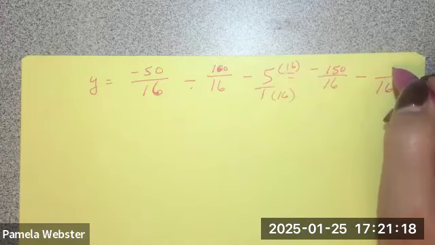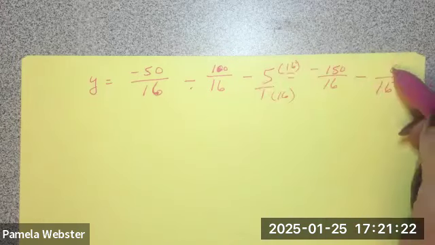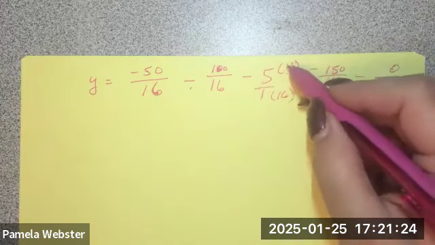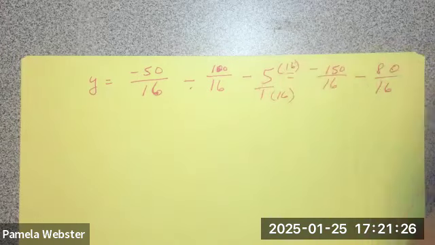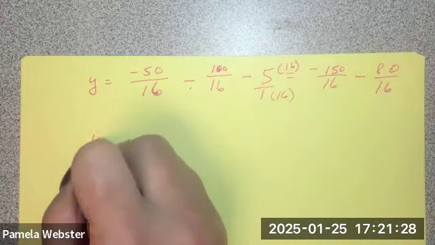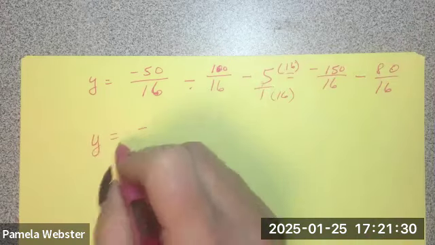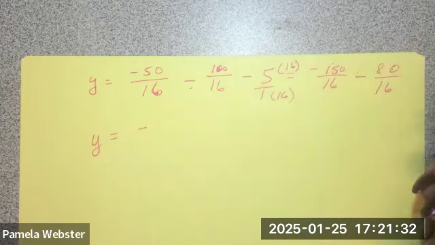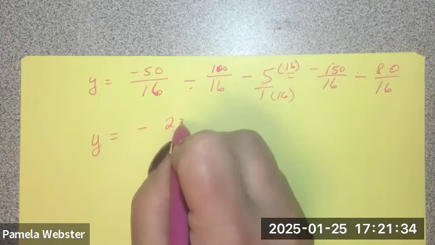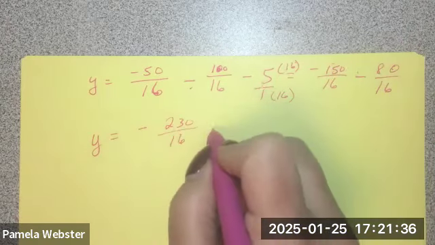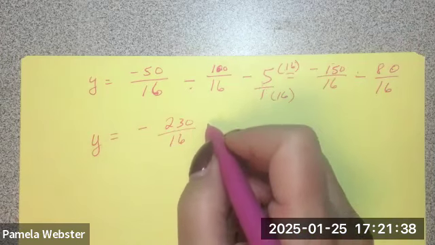Let's see, the math there is that, I think it's 90. 5 times 6 is 30, carry the 3. Oh, 80. Okay, so I think I've got y equals a negative 230 over 16. Okay, that's what I think it is.